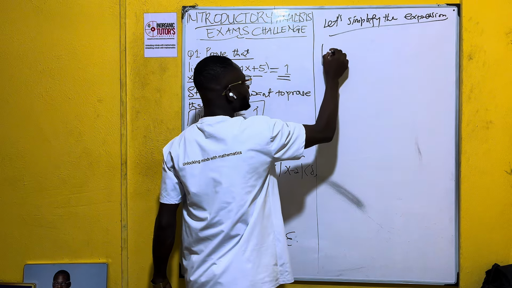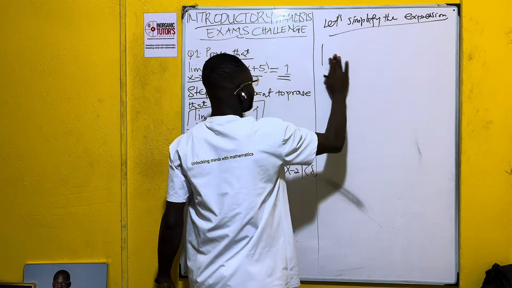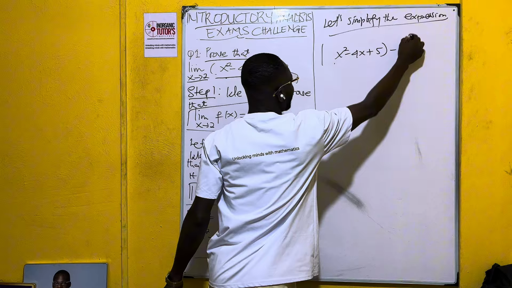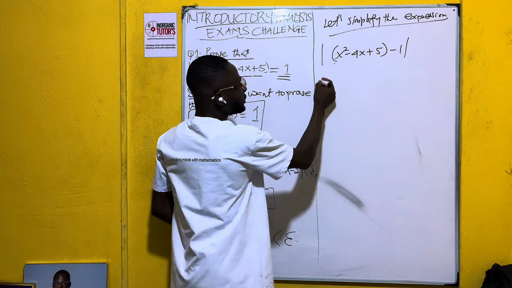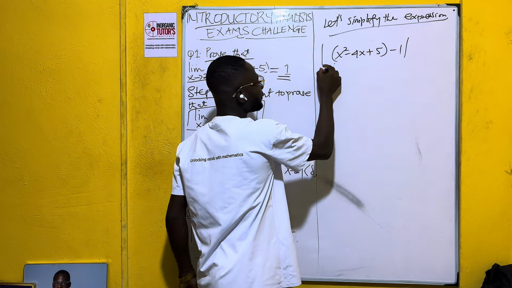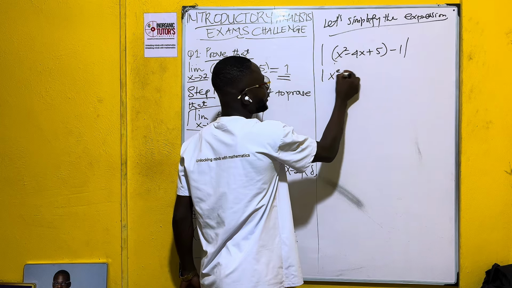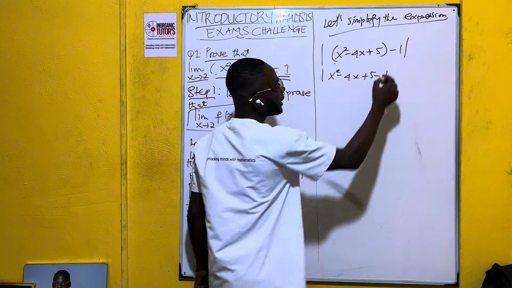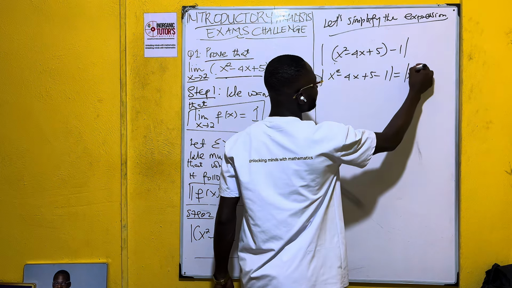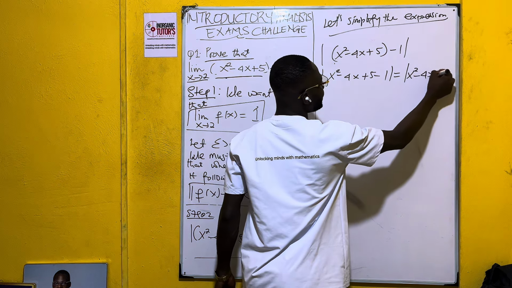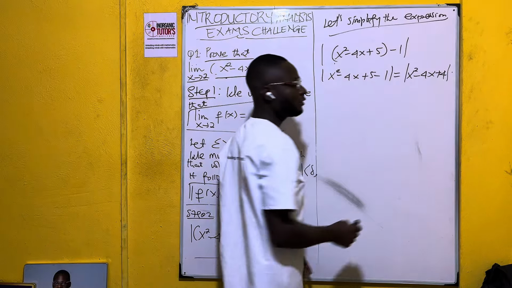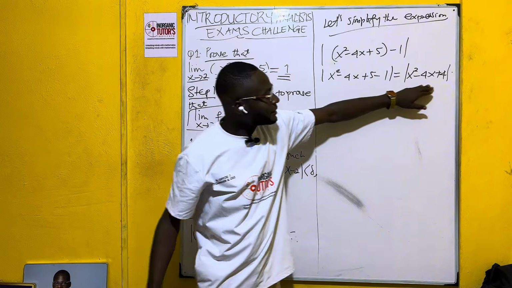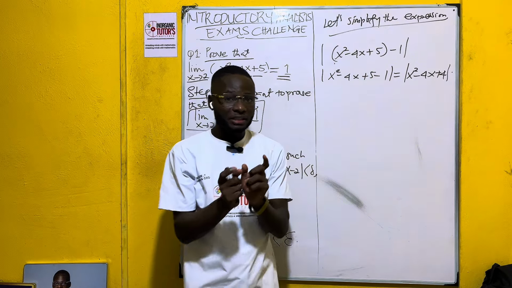So the absolute value of x squared minus 4x plus 5 minus 1. When you simplify this, we are going to have the absolute value of x squared minus 4x plus 4, right? So this is what we have now. Now, this expression can be factorized.